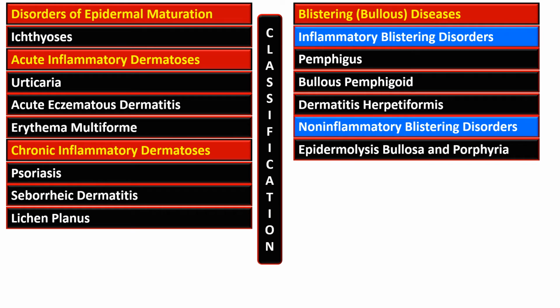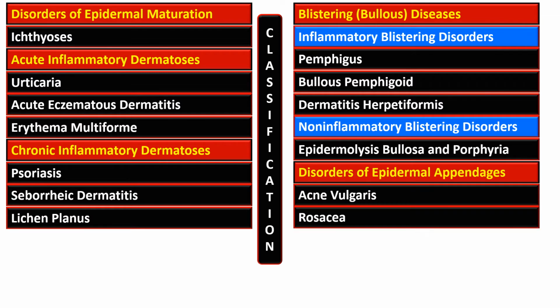The blistering disorders or bullous diseases can be divided into inflammatory and non-inflammatory lesions, and the inflammatory ones are pemphigus, bullous pemphigoid, and dermatitis herpetiformis, while epidermolysis bullosa and porphyria are non-inflammatory blistering disorders.